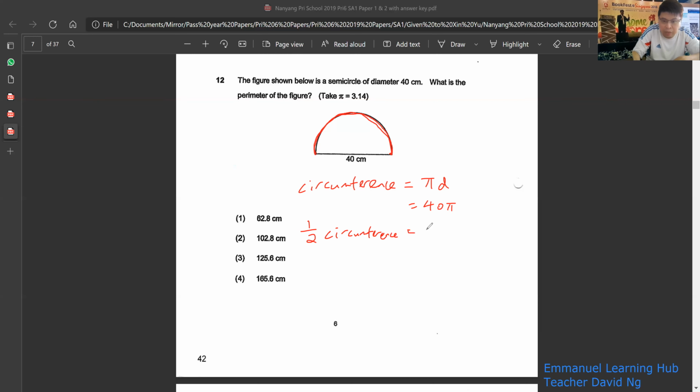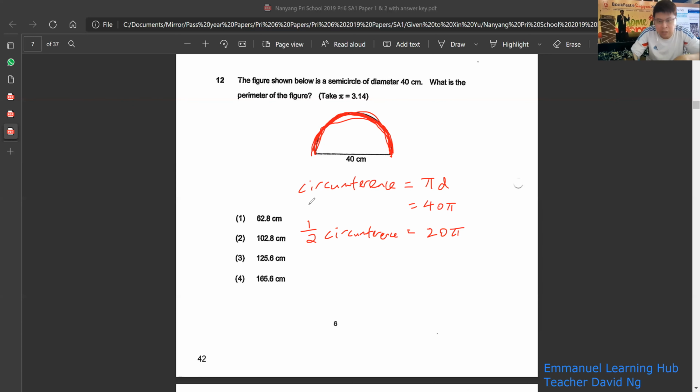So half of the circumference is 20 pi. Do you agree? That means this red color part is 20 pi. Understand? This red color part that I highlight here is 20 pi.